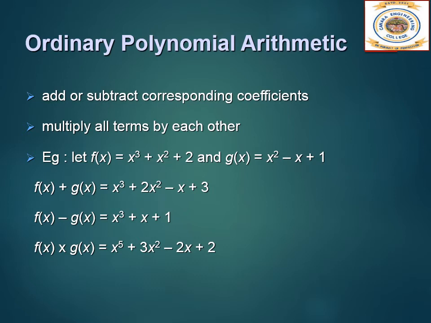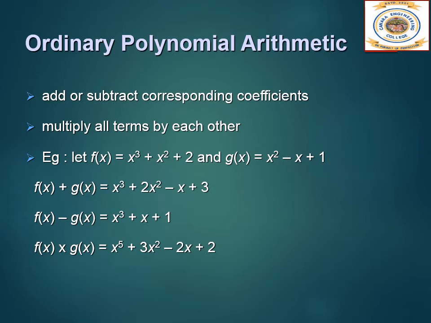Let us consider the addition first. I have x cube, there is no x cube in g, so x cube. I have x square and x square, so I get 2x square. Then x and minus x cancel, and plus 2 and plus 1 will get me 3.